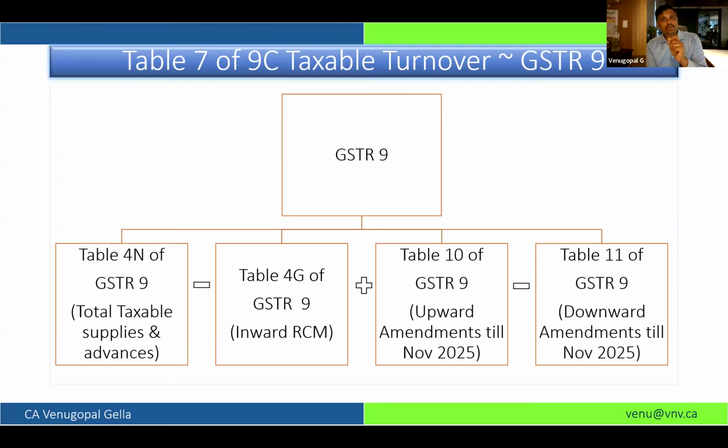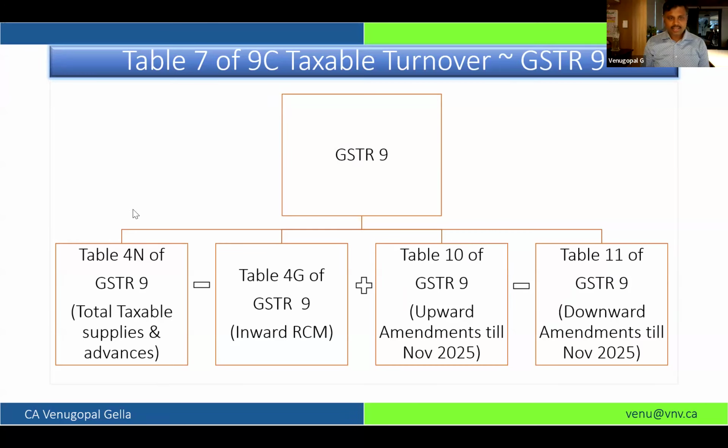If you have missed reporting some exempt turnover in table 8 of R1, you will still go ahead and report it in table 5. You will not carry forward any exempted or export without payment of tax, or SEZ without payment of tax, into table 10 and 11. You will report it in table 5 only, even though you missed reporting it in your R1. This is another thing you should be aware of.